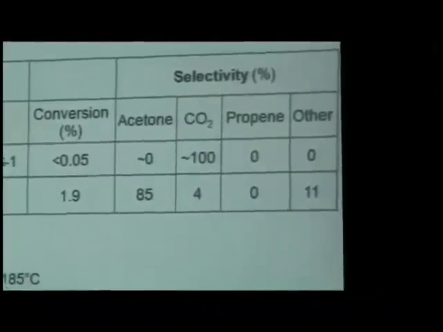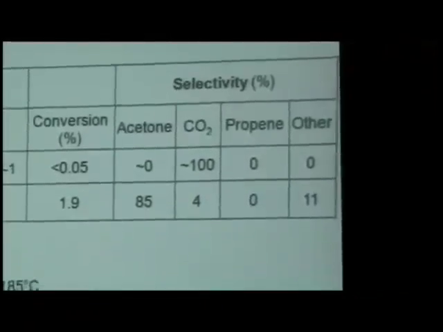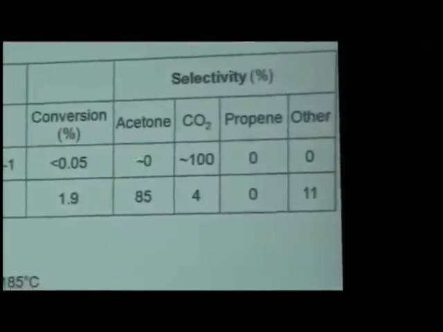I put approximately 0 here mainly because the amount is so small that it would not be really accurate. The point is that the production rate of acetone is very low. So this gives us an incentive to say that gold and titanium in direct contact with each other could be important or interesting.